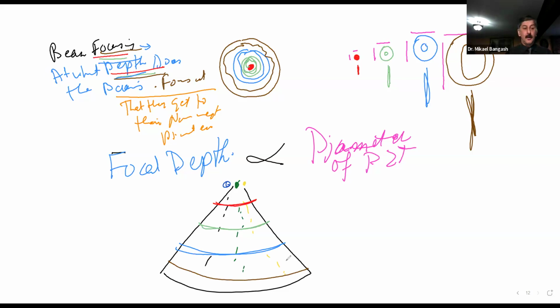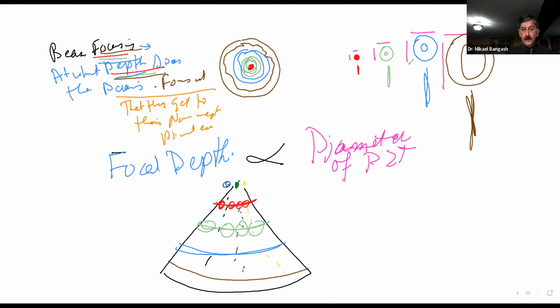Which mainly means that when the group of the PCTs were moving tick, tick, tick, like this, the red PCT was focusing at this fixed depth here. This pale green, light green, or whatever you want to call it, would be focusing at this depth, because it has a greater diameter.